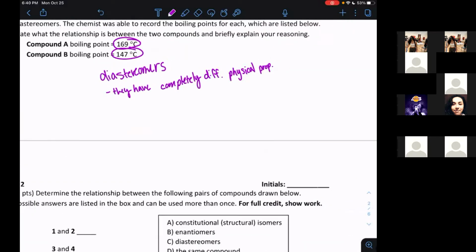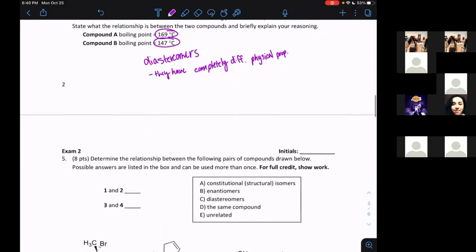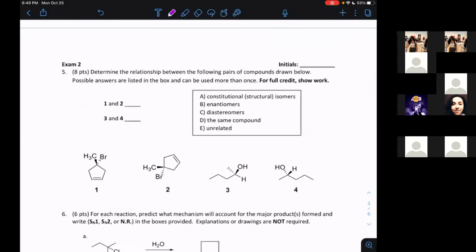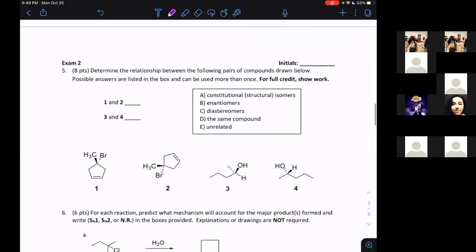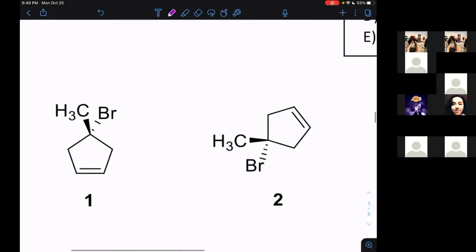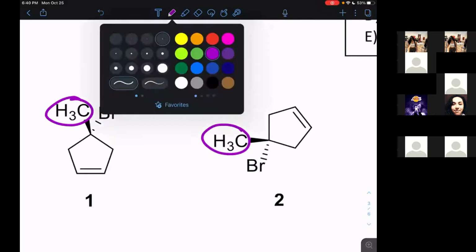I don't know, she probably won't even ask this, but if it was the same compound or enantiomers, they'd have the same properties. So that's that one. This one, decide their relationship. So these two, this is wedged, and this is wedged.